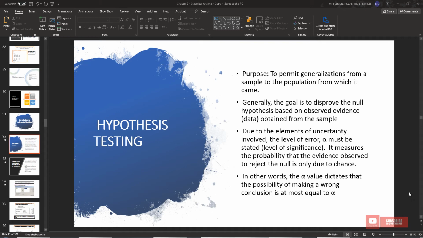Due to the element of uncertainty involved, the level of error must be stated. The level of error means type 1 error, which is our level of significance, and it should be calculated first, before we start doing our hypothesis testing.